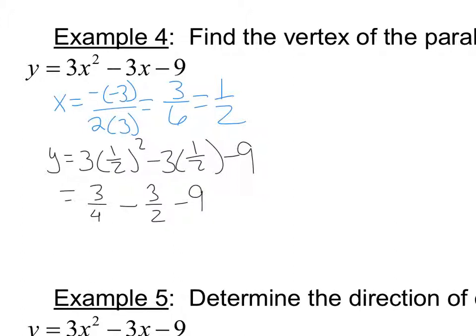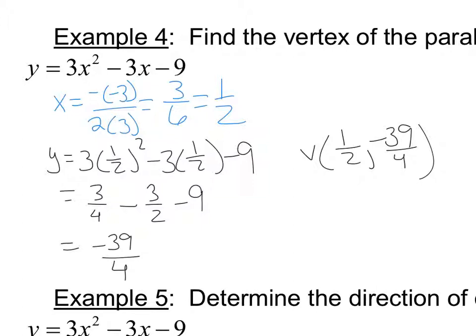And so now, if you do that, you're going to get negative 39 over 4, which is what we got. So the vertex is still 1/2, negative 39 over 4. That's just another way of finding it, okay?